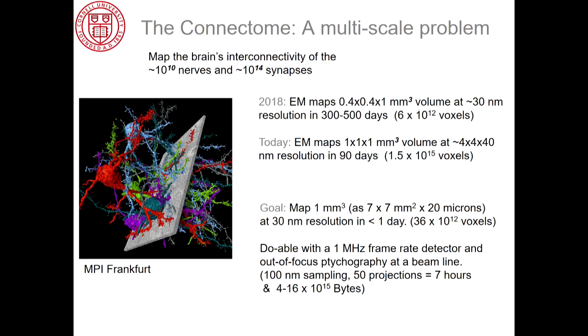But if we go to a 1 megahertz frame rate detector, none of these exist yet, although we know how to design it, we should be able to do the same problem at 30 nanometer resolution on an X-ray beamline in less than a day, actually probably about 7 hours.